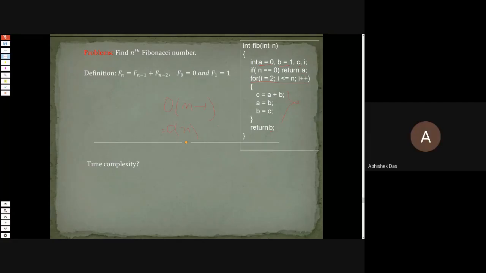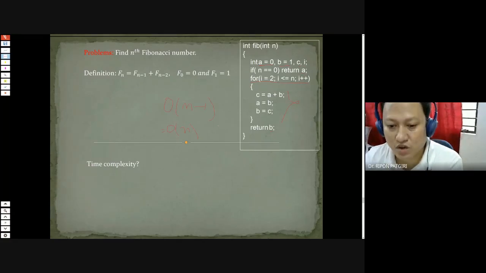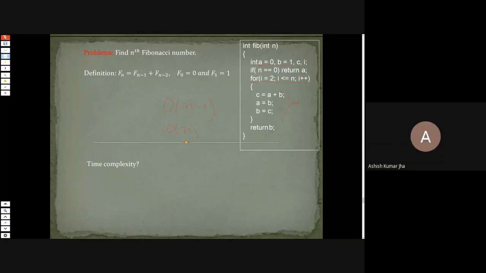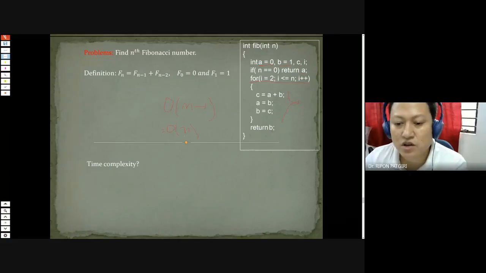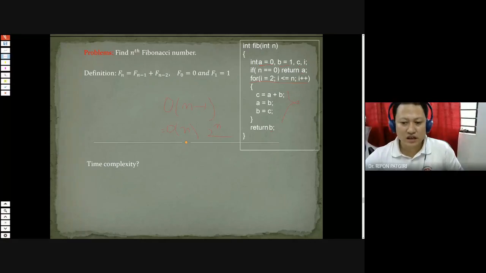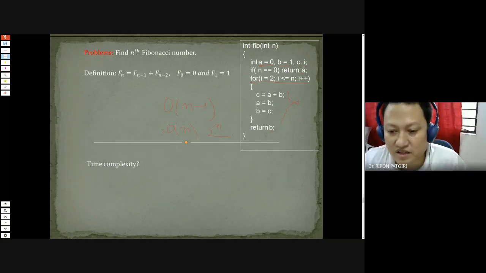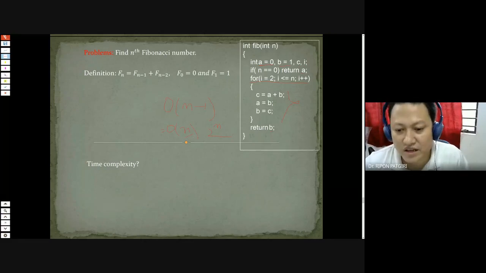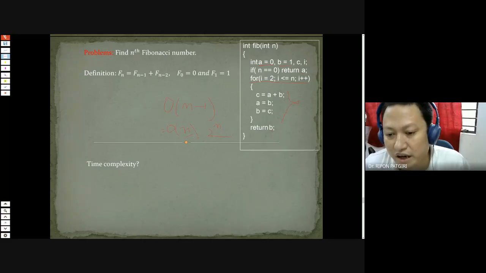So the iterative version is the faster one because its time complexity is big O of n, and n is much smaller than 2 to the power n. 2 to the power n is a huge number. That's why it is much faster than the 2 to the power n version.